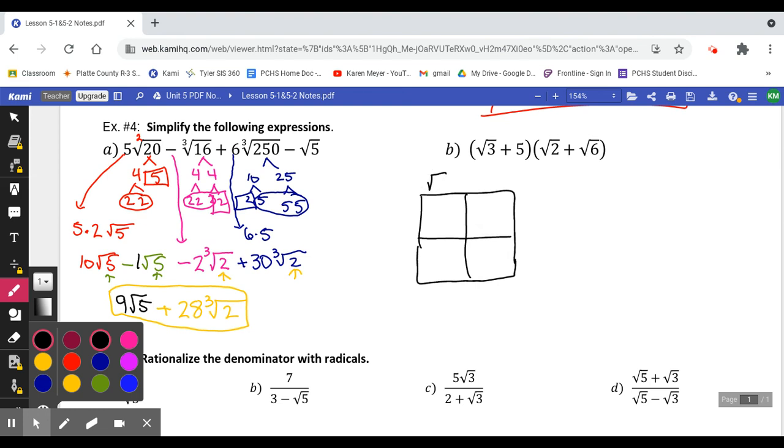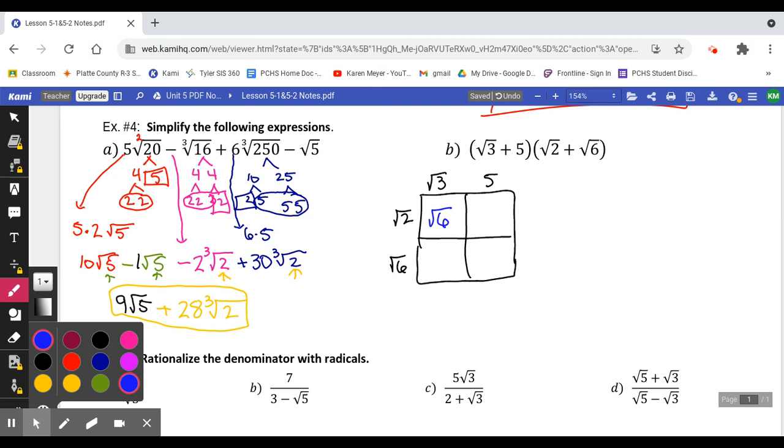So I got square root of 3, 5, square root of 2, square root of 6. Now remember, you can multiply anything together you want. So square root of 2 times square root of 3, I can keep my square root and then multiply the numbers underneath, and 2 times 3 is 6. So that becomes square root of 6.